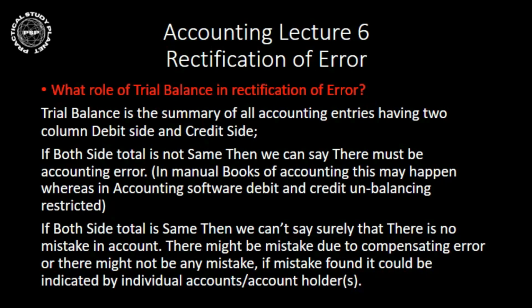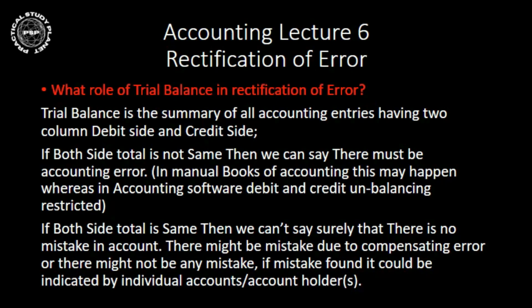Now we study the role of the trial balance in the rectification of errors. The trial balance is the summary of all accounting entries, having two columns, debit side and credit side. If the totals of both sides are not the same, then we can say there must be an accounting error. In manual books of accounting this may happen, whereas in accounting software, debit and credit unbalancing is restricted.